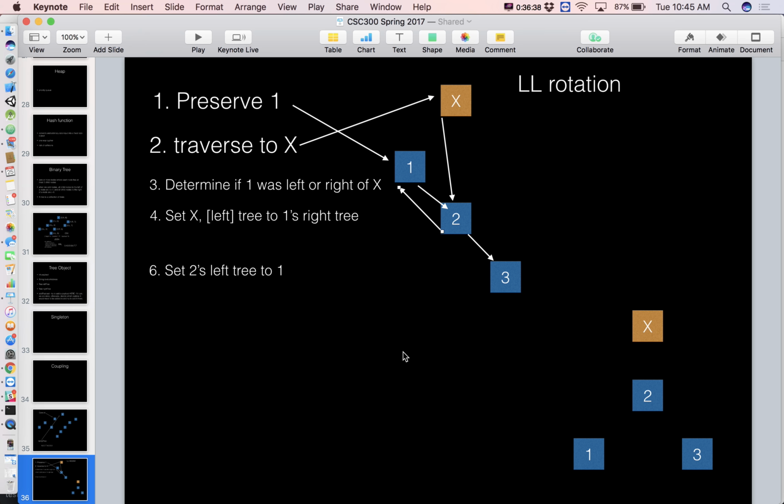All right, now what? Technically, in his defense, you could do what we just did as step 5. We haven't broken things yet. We need to set 1's right tree to null. This guy needs to be disconnected, right?